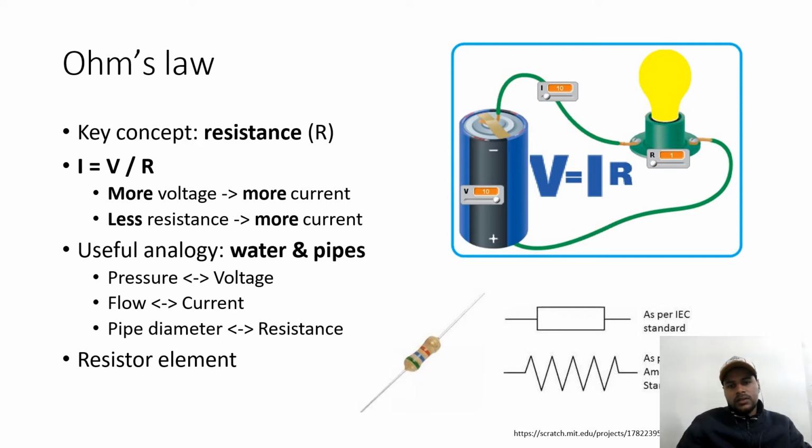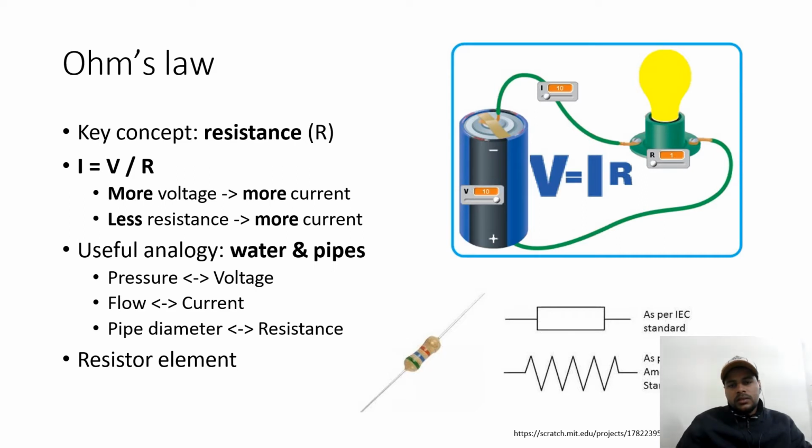The more the voltage, the more the current. The less the resistance, the more the current. So voltage and current are directly proportional, and resistance and current are inversely proportional. So V is directly proportional to I, and I is inversely proportional to R.